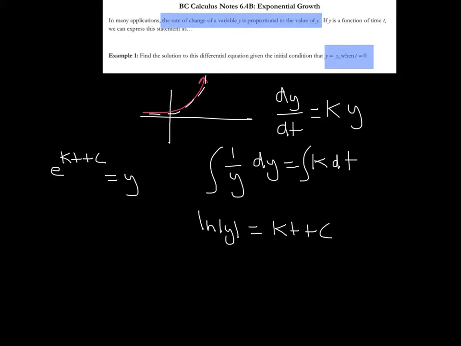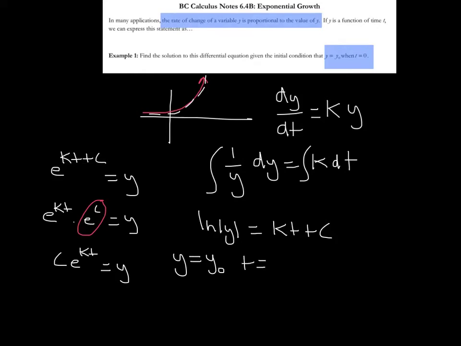Then we can break this up into e to the kt times e to the c equals y. And then we remember that e to the c is just a constant. So we can say c e to the kt equals y. And now they give us an initial condition. They say y equals y sub 0 when t is 0.